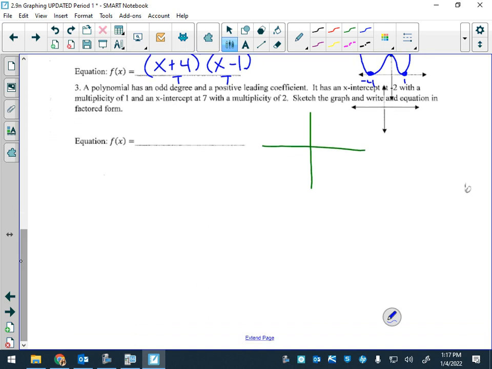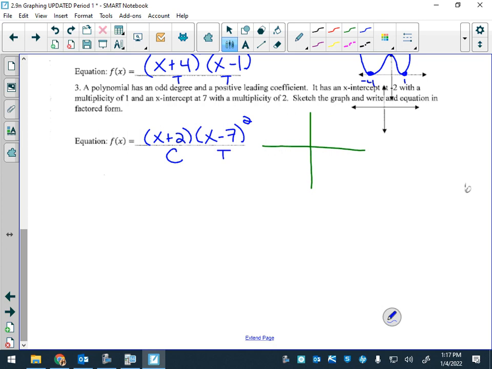Now for number 3, what's my equation? Caitlin. Good. Excellent. Okay, at negative 2, what's happening? Touch or cross? Taylor. At 7? Good. Perfect. All right.